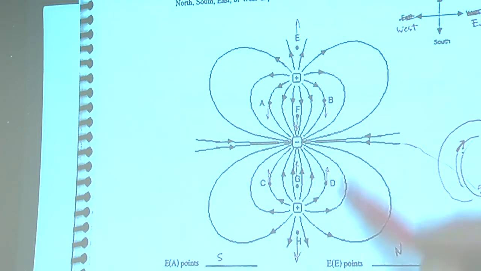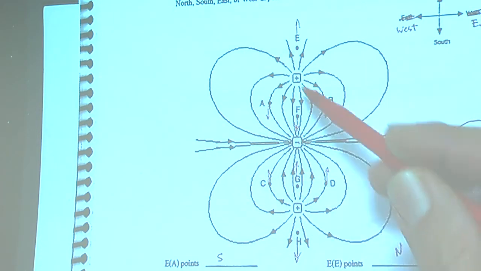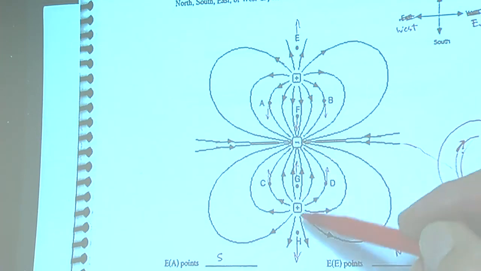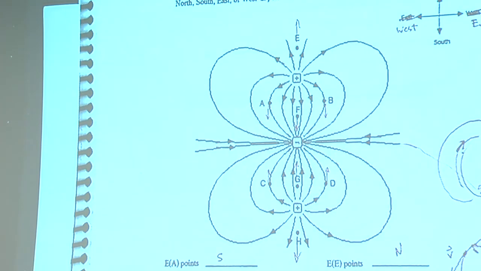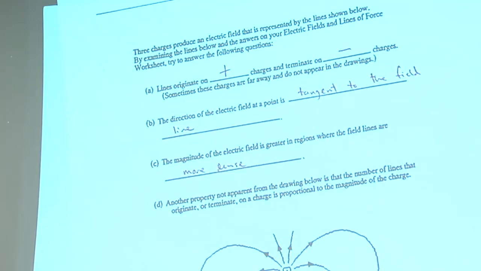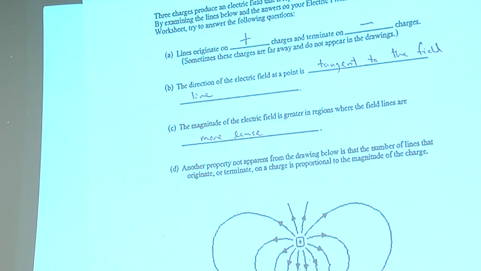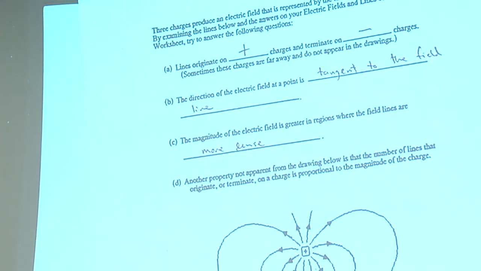If this was 4 and this was 4, this would be 8, because it has twice as many field lines that originate on it. So the number of field lines that originate or terminate on a charge is proportional to the magnitude of the charge. Those are our basic rules for electric field lines.